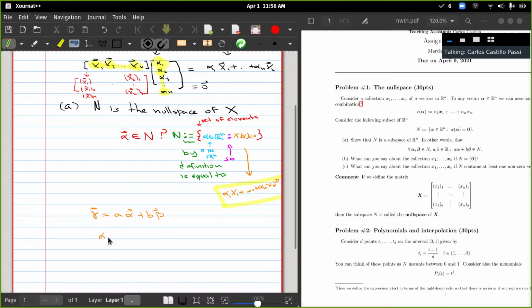So we need to verify that gamma 1 x1 plus gamma 2 x2 and so on until the end is equal to 0.